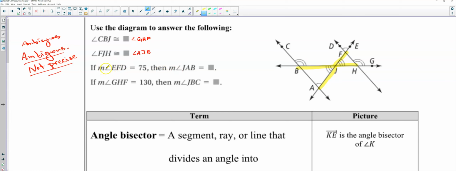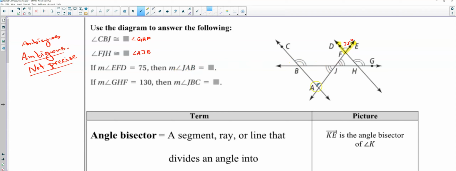Now, if the measurement of angle EFD right there is 75 degrees, then what is the measurement of angle JAB?